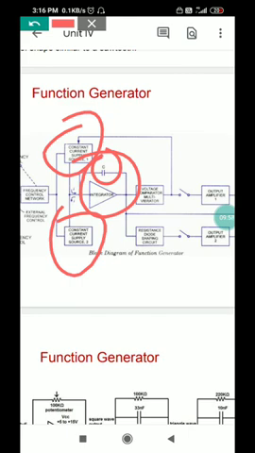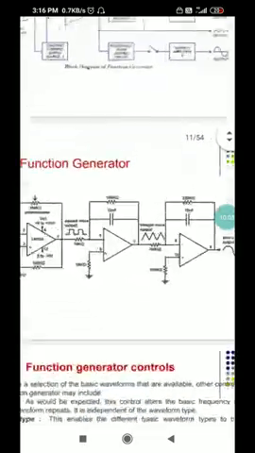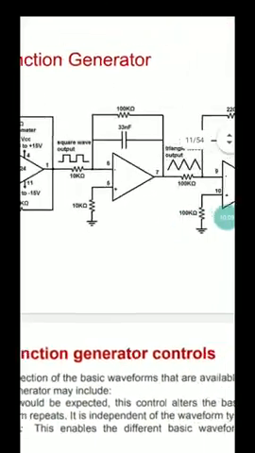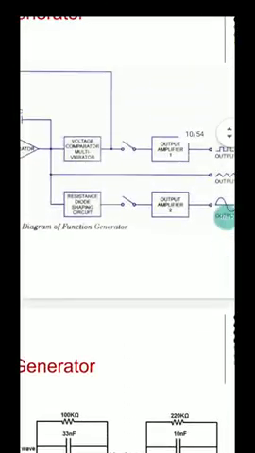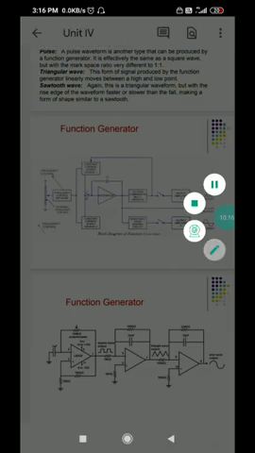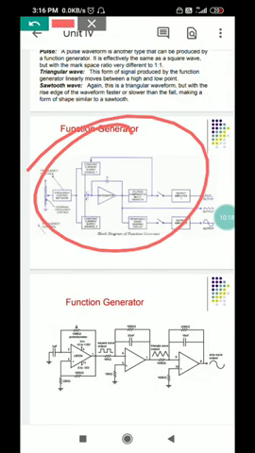The rest of the things are coupled with the concept. Okay, so there is one more block diagram which we can use for explanation of function generator. Same thing, but this is a little more complicated than this one, so I recommend this kind of block diagram to be used for writing your answer.